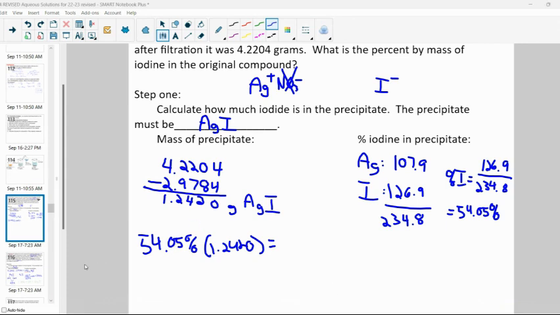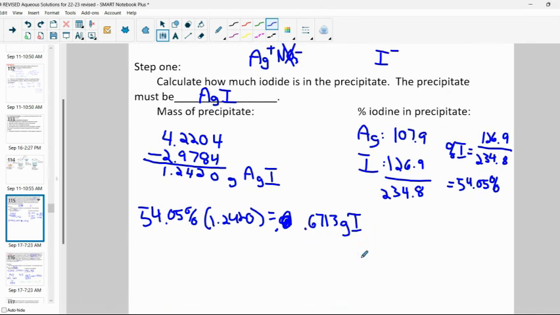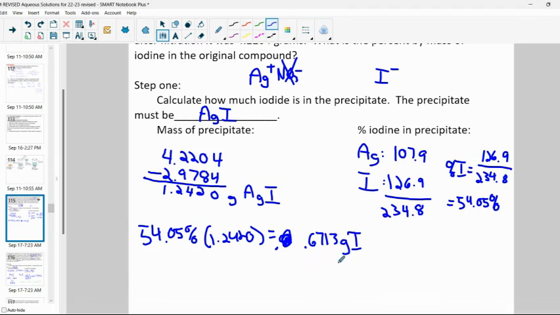So I get 0.6713 grams of iodine. I or I minus, either one. All right, I'm getting closer. If that's the amount of iodide in my silver iodide, that is also the amount of iodide that we started with.